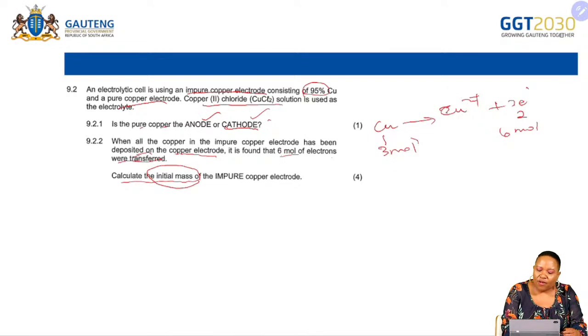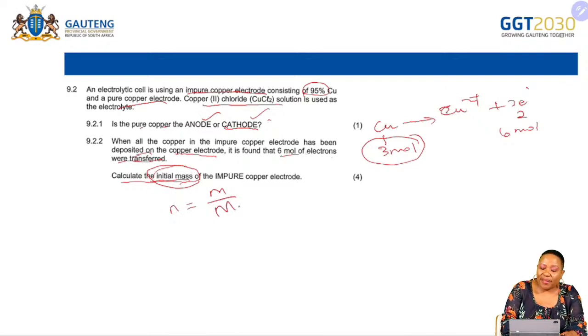So we already know that we have 3 moles of copper and we want the mass of copper. You know that n equals m over M. This is the copper that was produced. And then it's going to be 3 equals m over molar mass. The copper molar mass is 63. Then you cross multiply and you find the mass of copper.